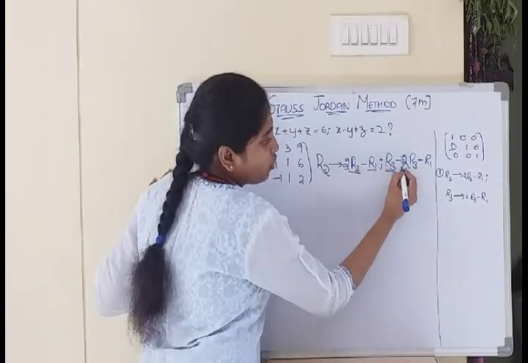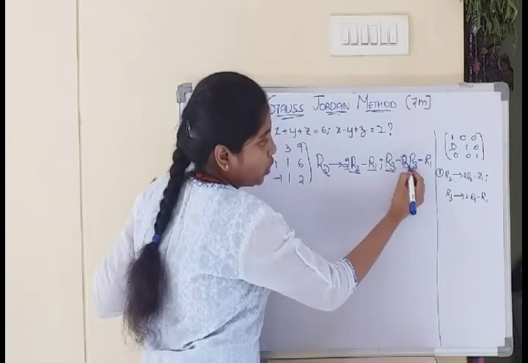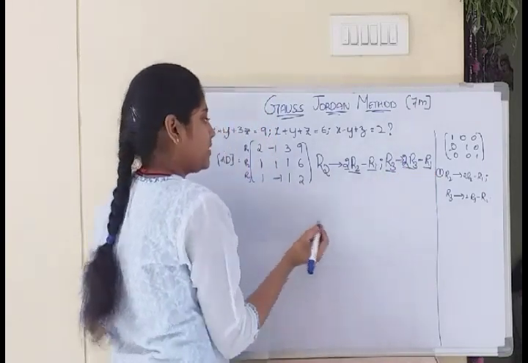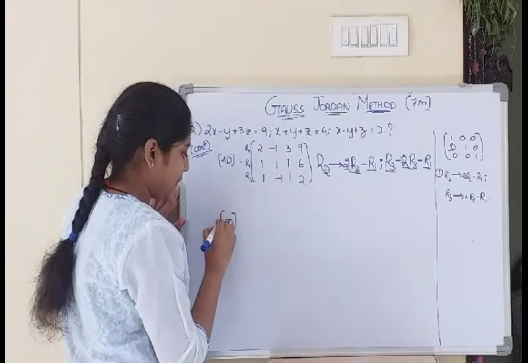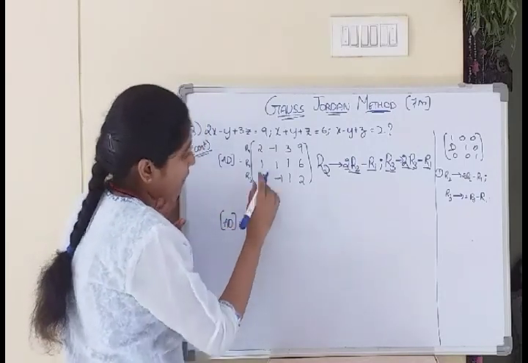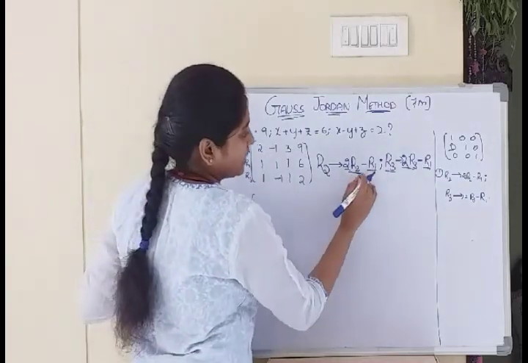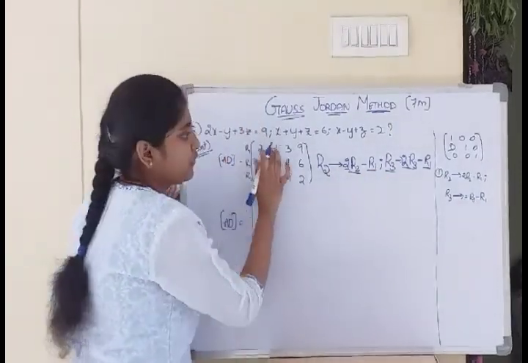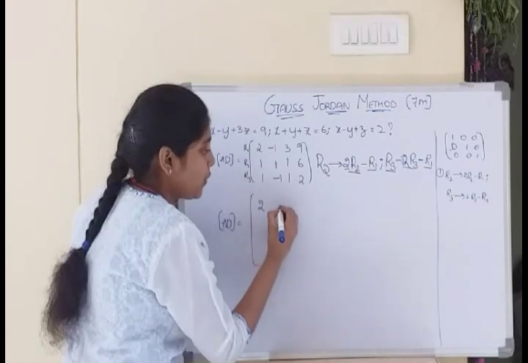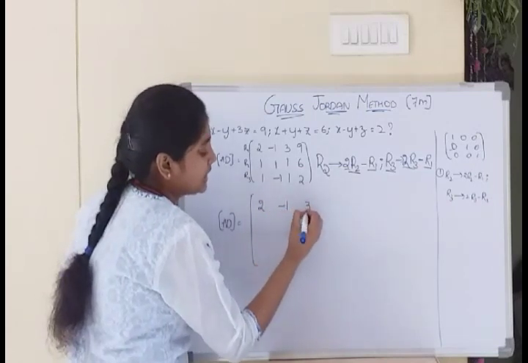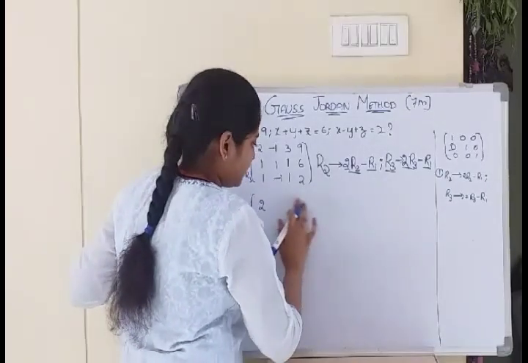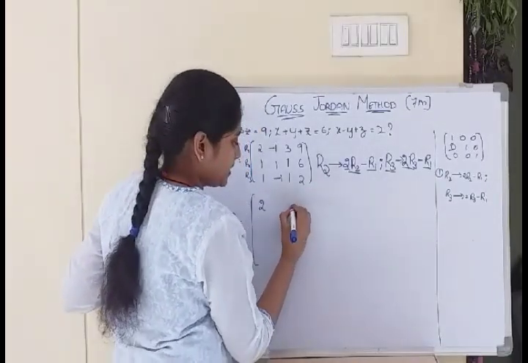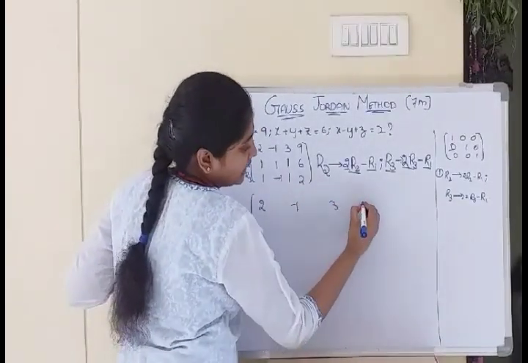In the same way, row 3 with 2 and subtract row 1. Now we will do that process, AD is equal to: the first row operation is not present here, so we will write the first row as it is, that is 2, minus 1, 3, 9.